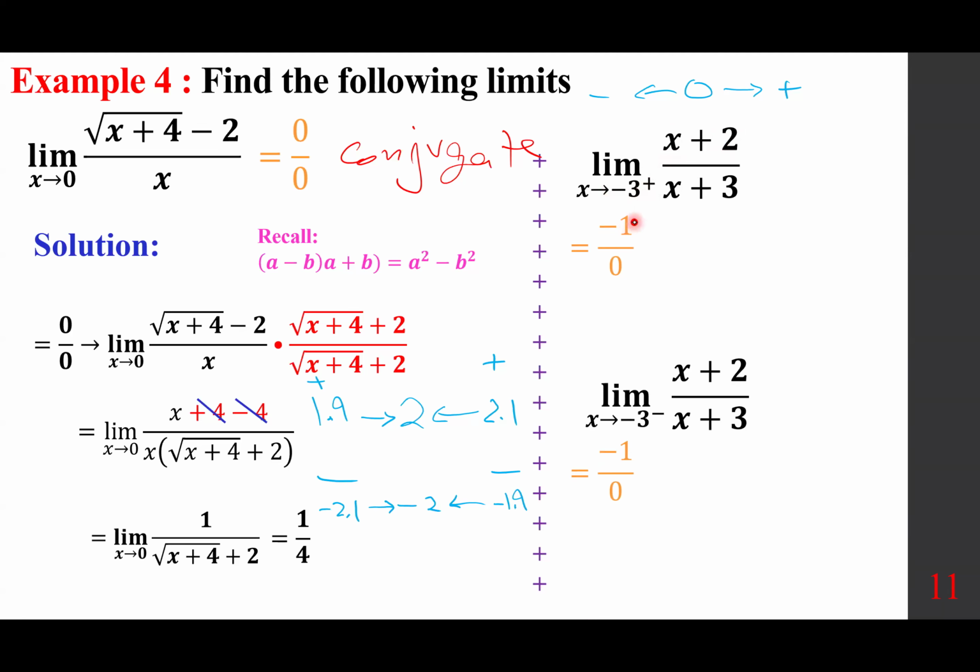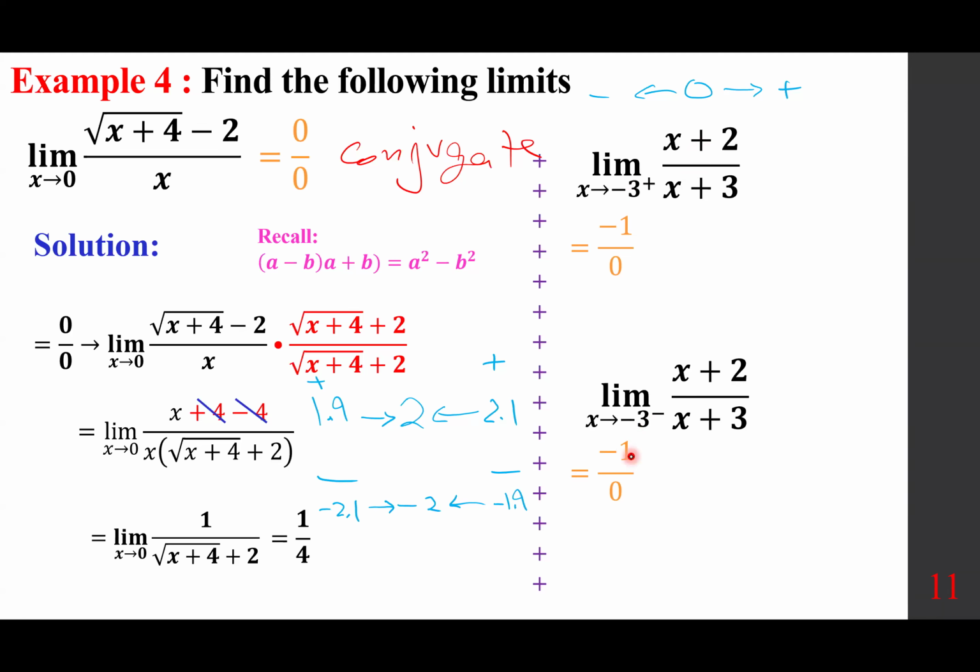So whether it's negative 1.0001 or negative 0.9999 makes no difference. In this case, it's really negative 0.9999 because negative 3 from the right means like negative 2.9. On the other hand, this one means negative 1.0001. It doesn't matter. But since the denominator is 0, it does make a difference.